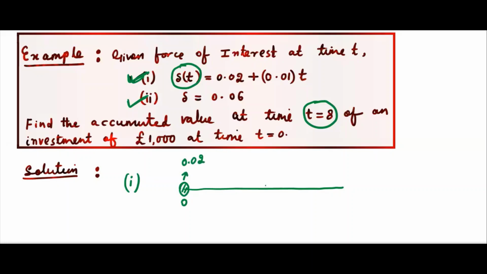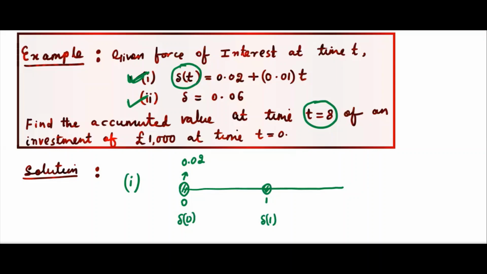You write 1 here, you will be able to know the interest rate at time 1. If you put t1 here, I can write delta 1 here, delta 0 here. If you put t1, you get delta 1. That is 0.02 plus 0.01 into 1.